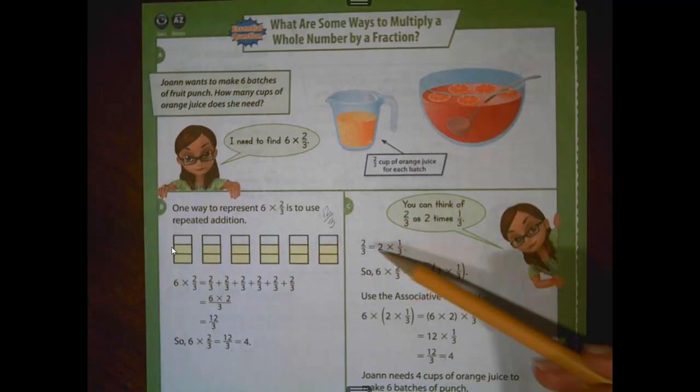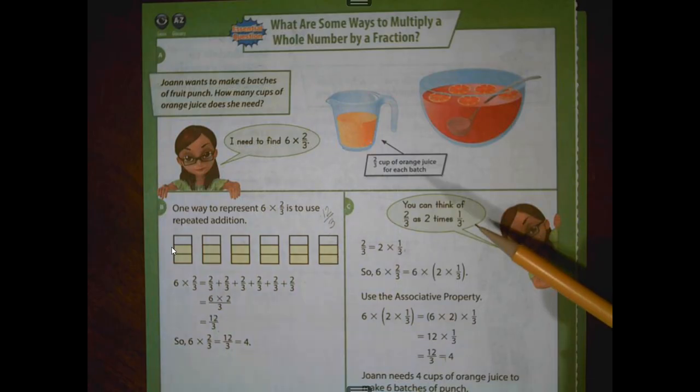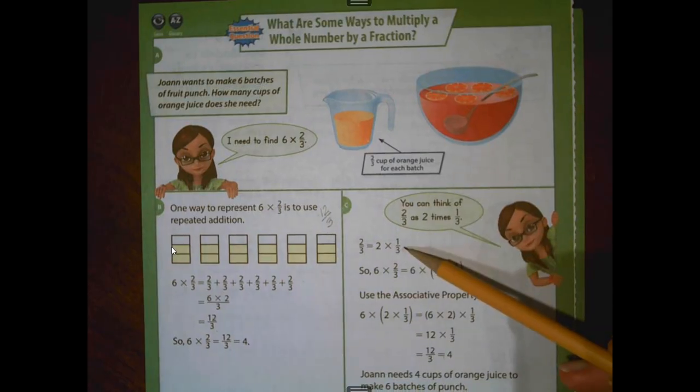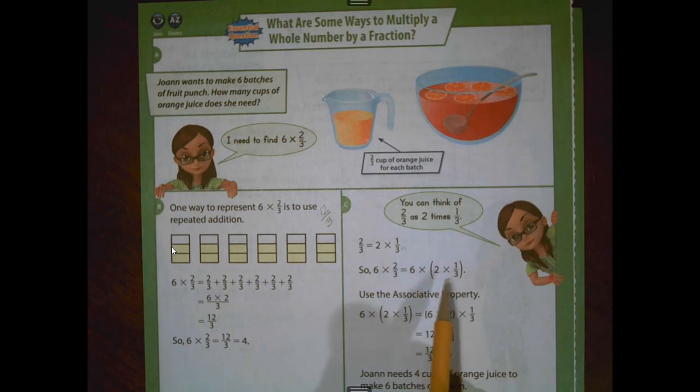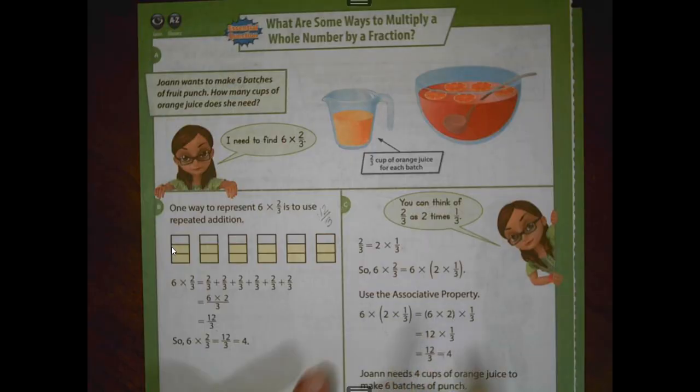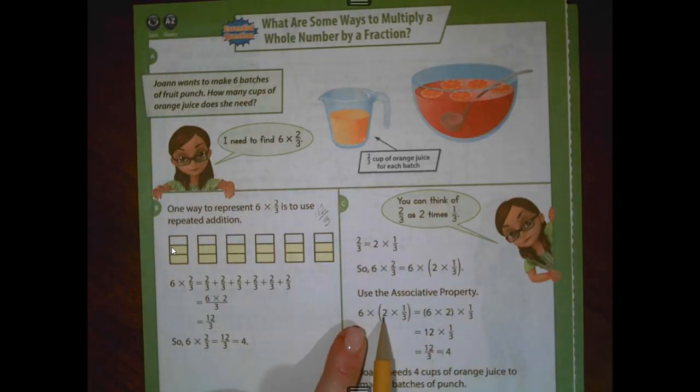So we can think of 2/3, this fraction, as basically 1/3 plus 1/3, or 2 times 1/3. So 2/3 multiplied by 6 would be the same thing as taking the product of 2 times 1/3 and multiplying that product times 6. Now, the associative property will make that easier because we can take the whole numbers and multiply those together.